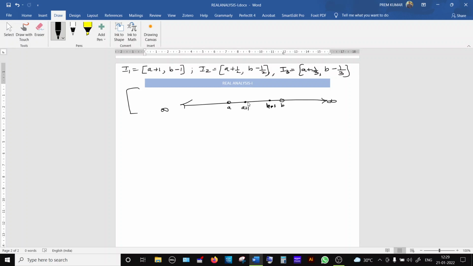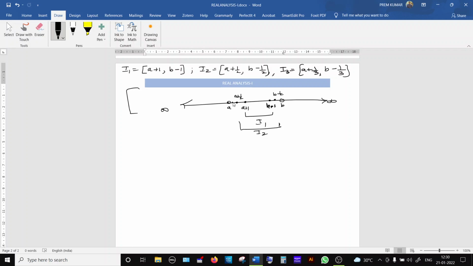Okay, now next, this closed interval, we call it I1. So what is I2? You see, a plus 1 by 2 will be here, and next, b minus 1 by 2 will be somewhere here, and this interval is called I2.